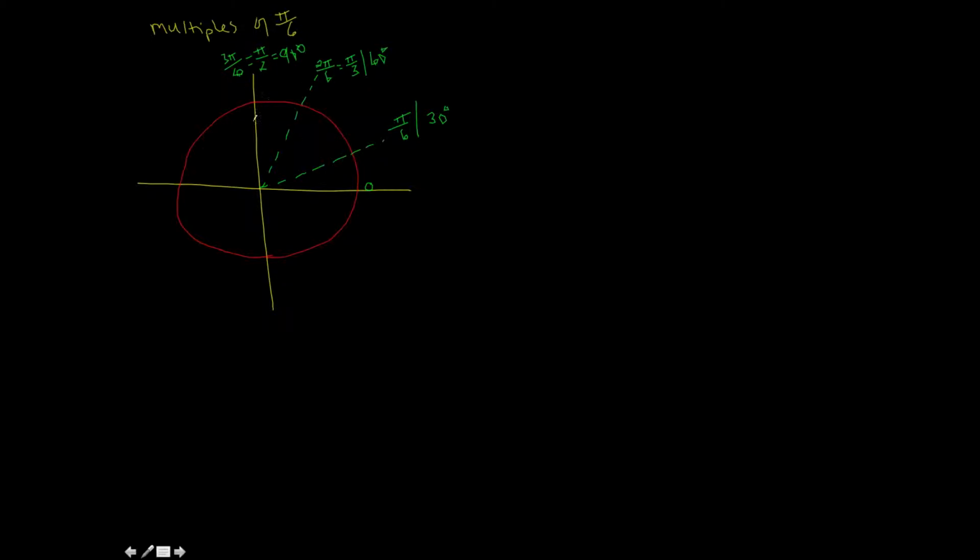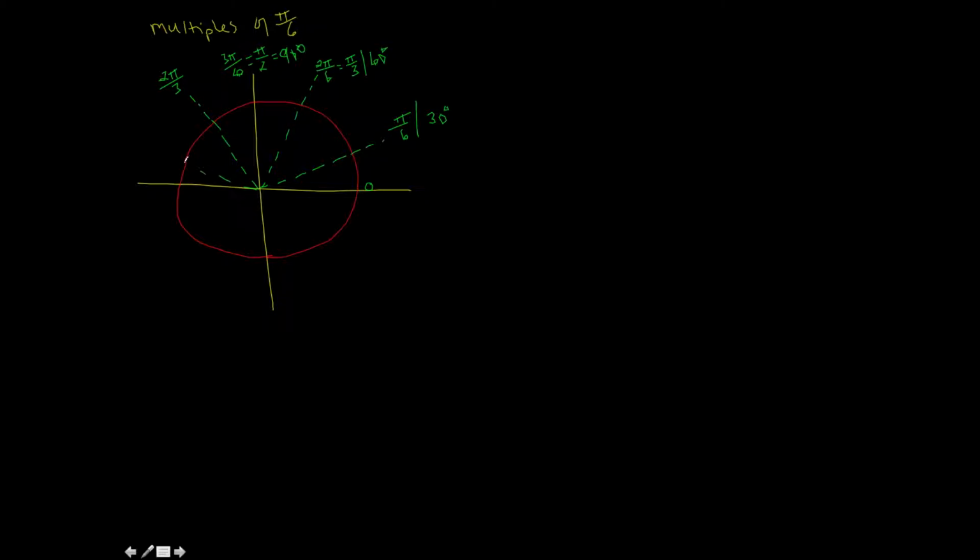All right? The next one would be 4 pi over 6, which would be another 30 degrees. 4 pi over 6 reduces to 2 pi over 3, or 120 degrees.